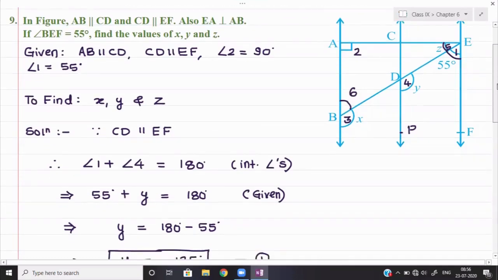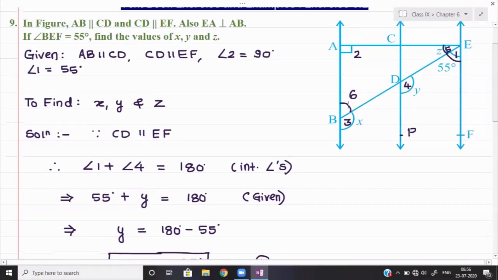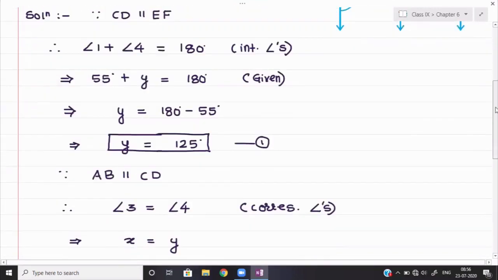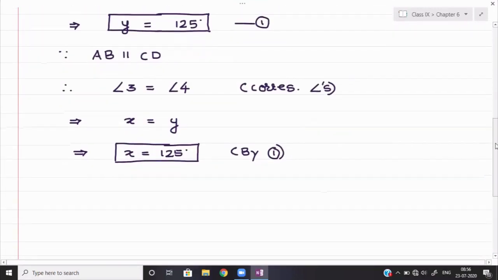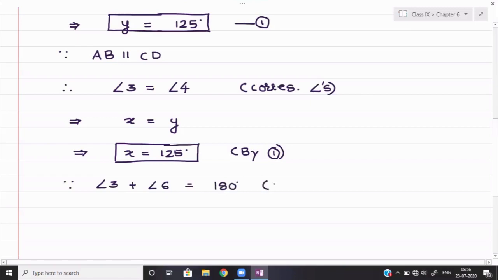But before that, angle 3 and angle 6, you observe they are making a linear pair. So I will find out the value of angle 6 with the help of linear pair first. So here in the solution further, I will write down, since angle 3 plus angle 6 is equal to 180 degree. So that we can say by linear pair. And angle 3 means what here?